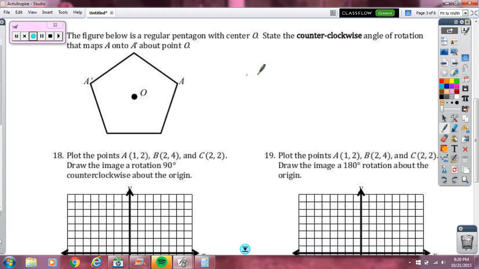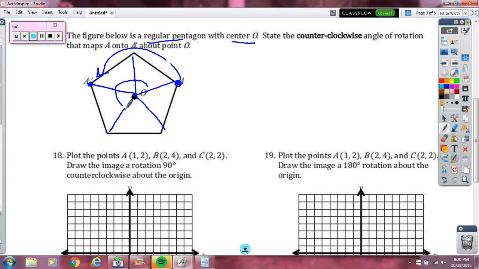Back to rotating things. So the figure below is a regular pentagon with a center O. State the counterclockwise angle of rotation that maps A onto A prime. So I'm starting at A, I'm going counterclockwise, and ending up at A prime. So right there. Easiest way to do this is to figure out my central angles.